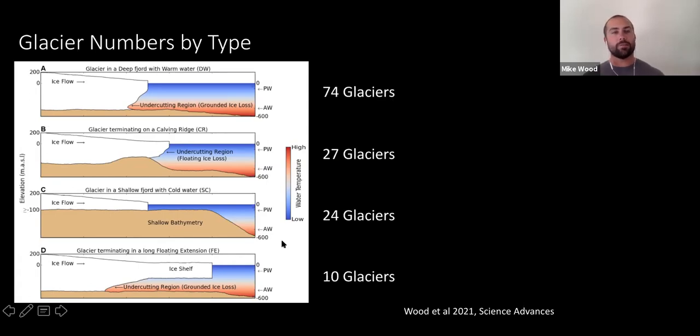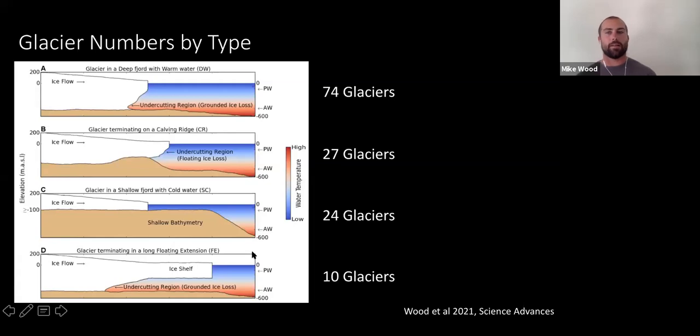When we do this, we find that the deep water ones, where we see this progression similar to Sverdrup, which we can quantify the melt, and we can see that it's having an impact on retreat, about 74 glaciers fit into that category. 51 fit into this calving ridge and cold water scenario, where these glaciers are protected from those warmer layers or from undercutting. And then about 10 fit into this floating extension category.